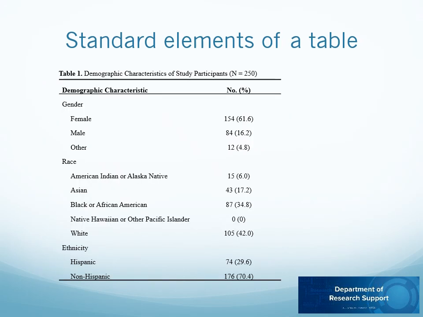Let's look at a basic example table. It has a title. The leftmost column has the study variables. This column is generally formatted with left margin formatting. All columns that report numerical data are formatted to be centered.